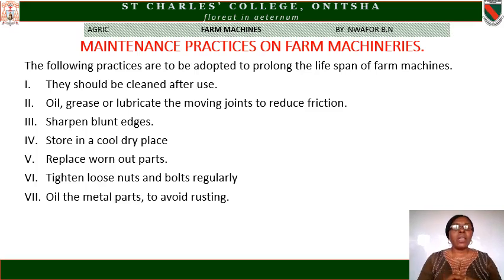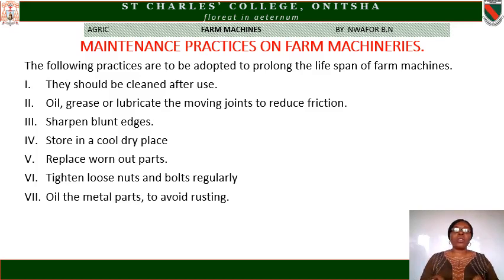Number one, they should be cleaned after use. That is to say, you clean the machines after each day's work. Number two, oil, grease, or lubricate the moving joints to reduce friction. There are moving points or joints in the machines.